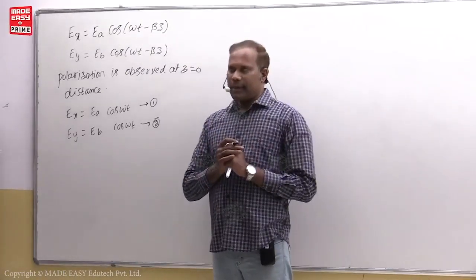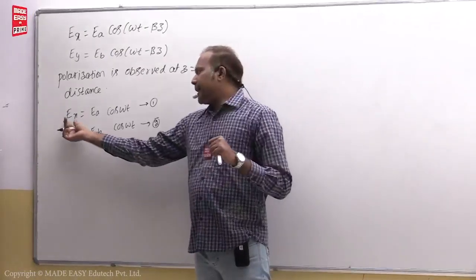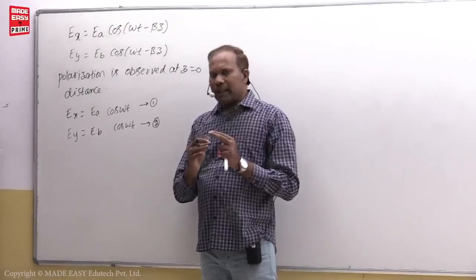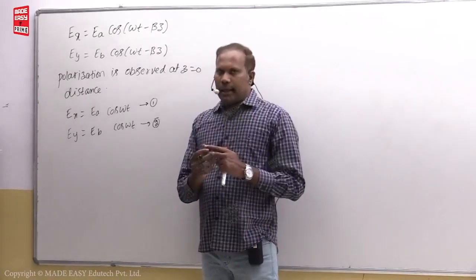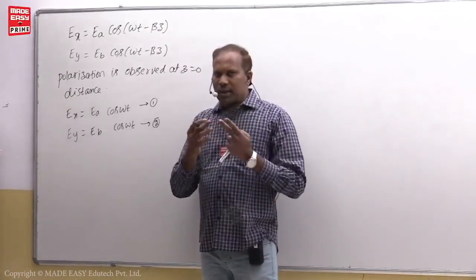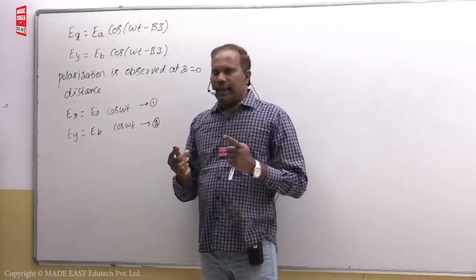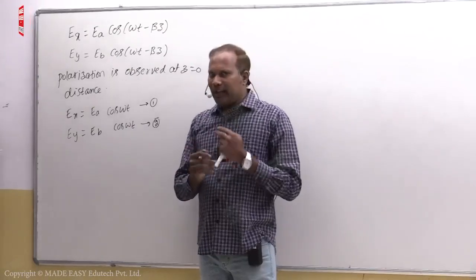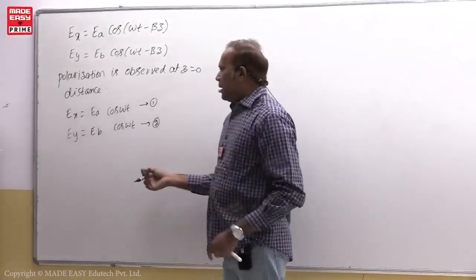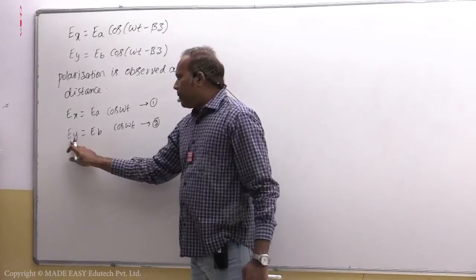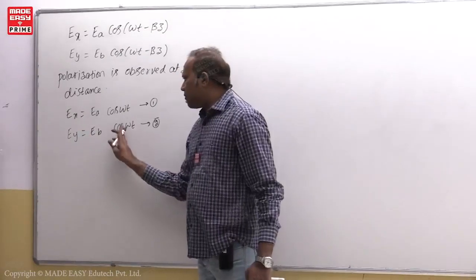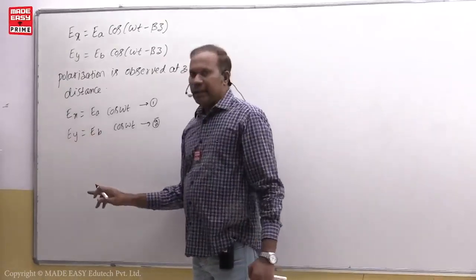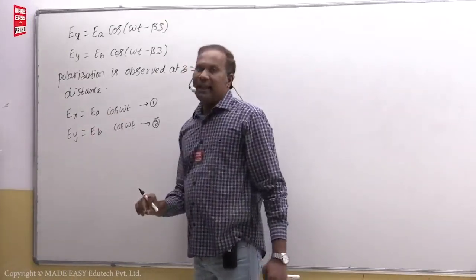The electric field has an X component and a Y component. Somehow use your mathematical skills and get the equation which gives the link between Ex and Ey. If you divide Ey by Ex, then cos omega t cancels. Then you get the link between Ex and Ey, and that follows a linear equation.